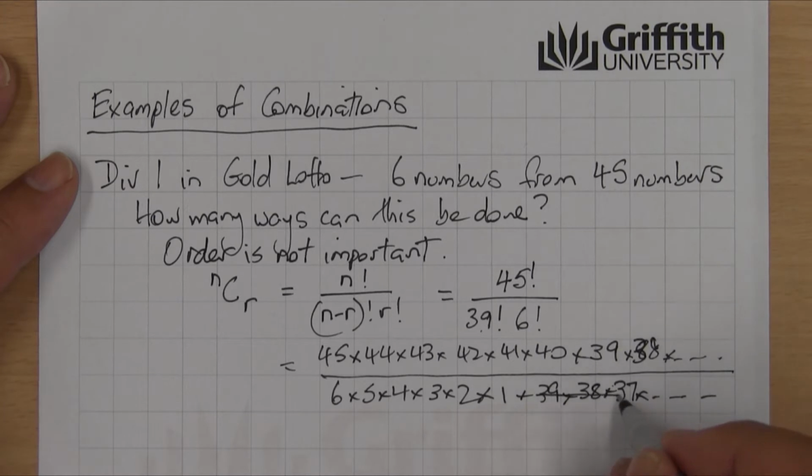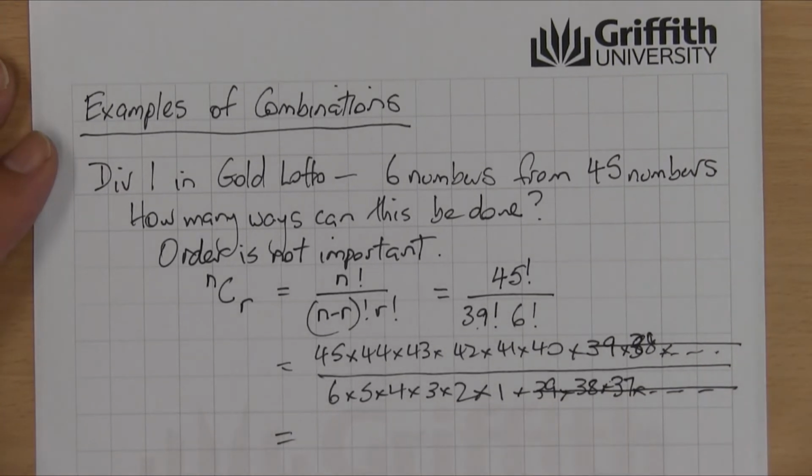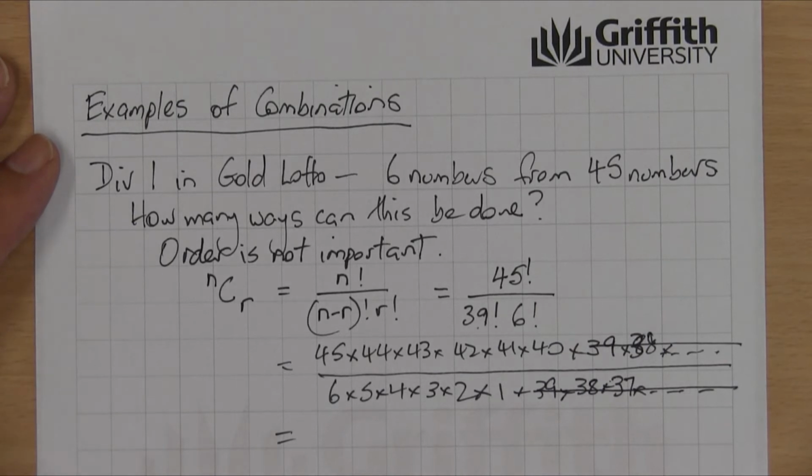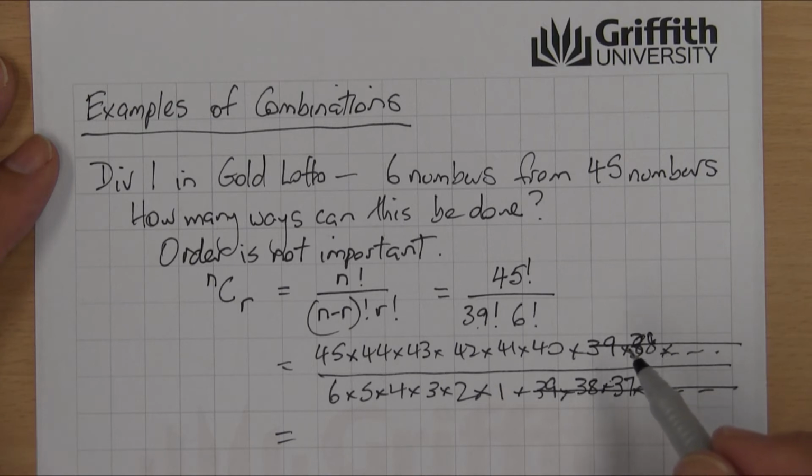So all of those will cancel each other out. And usually you find that for calculation purposes, some or all of these numbers will cancel with these numbers up here.